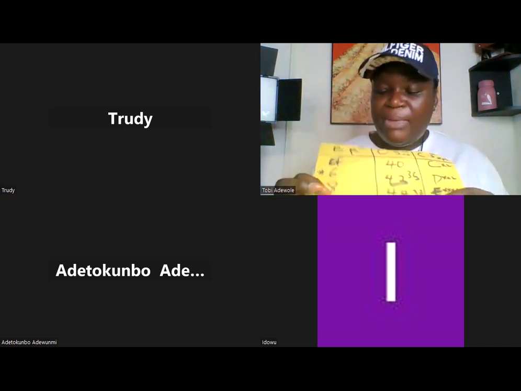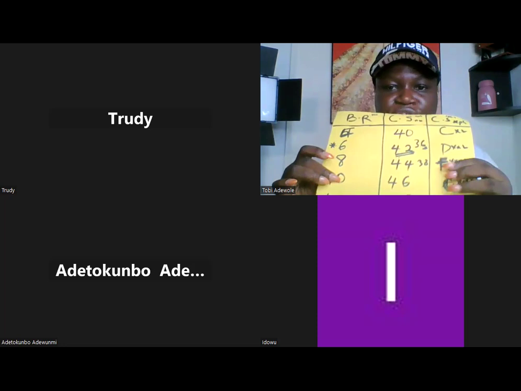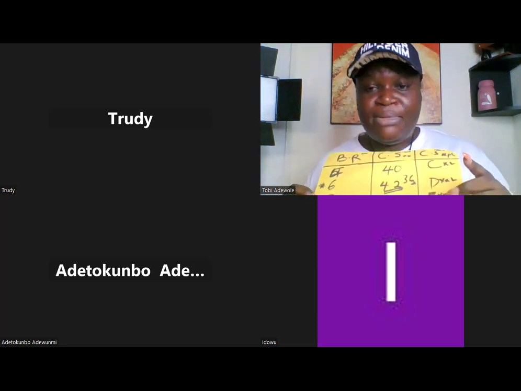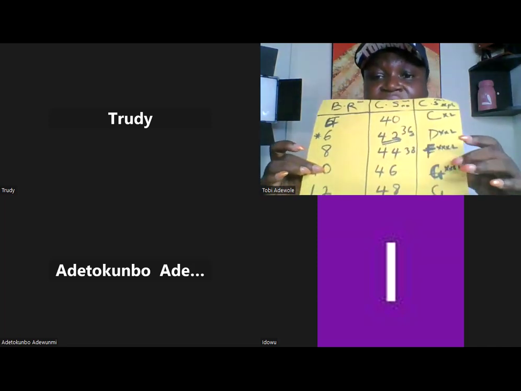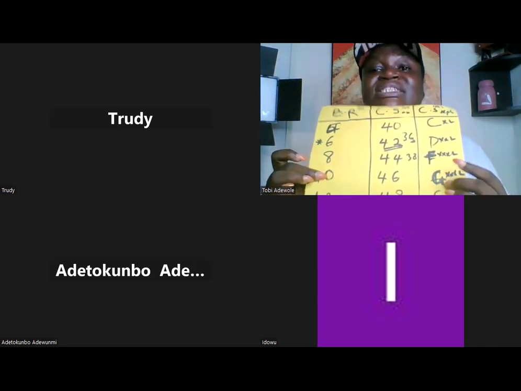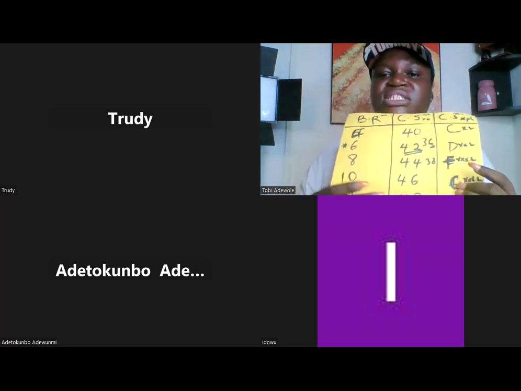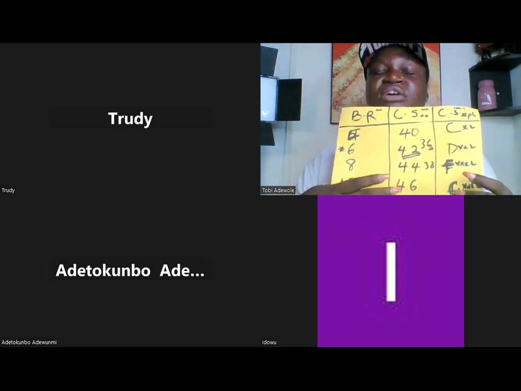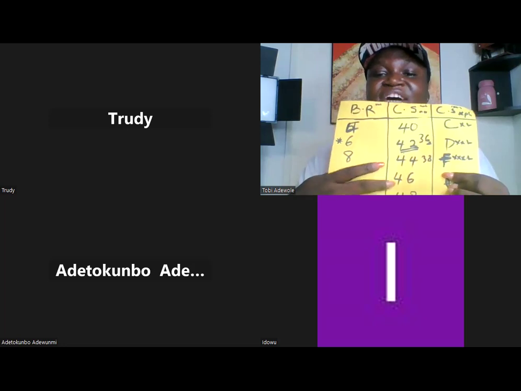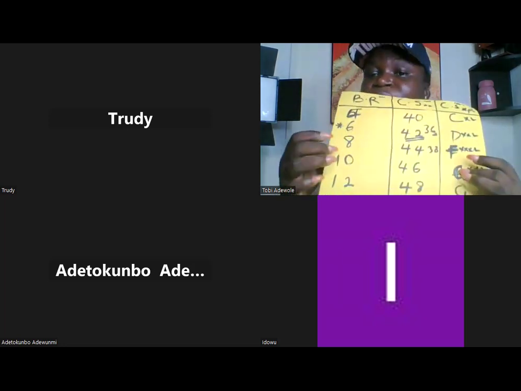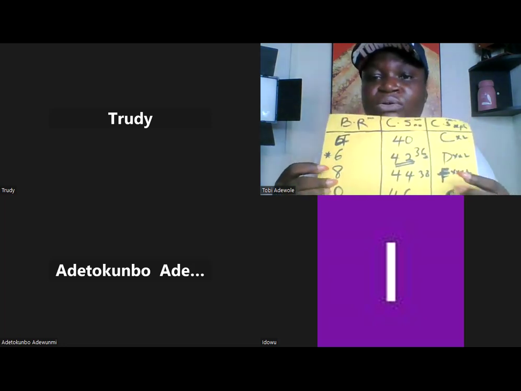For me, my bust ratio is 10, which is bra size G. I wear 38G. Because it is a 46 bra cup that fits my G cup, my G breast.